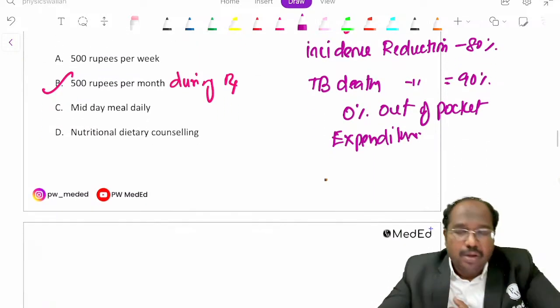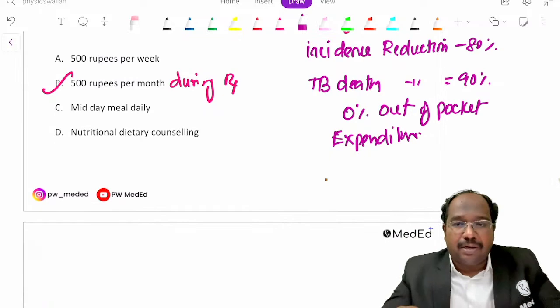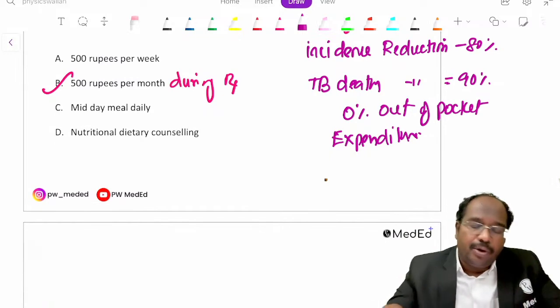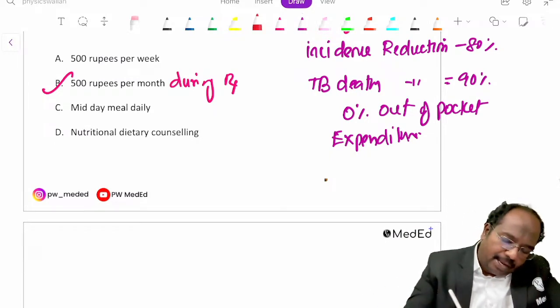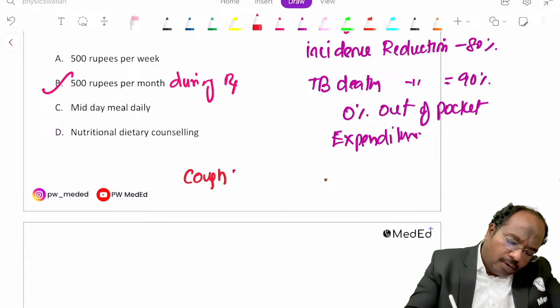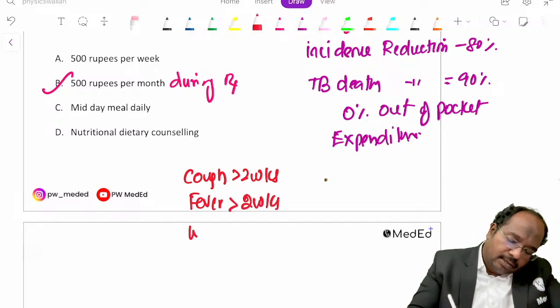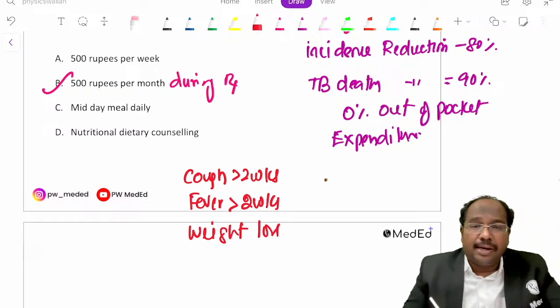Now, recently in the NEET exam also there was a question. Whom do you call a TB suspect? Anybody with cough more than 2 weeks, fever more than 2 weeks, weight loss, and what else we have?